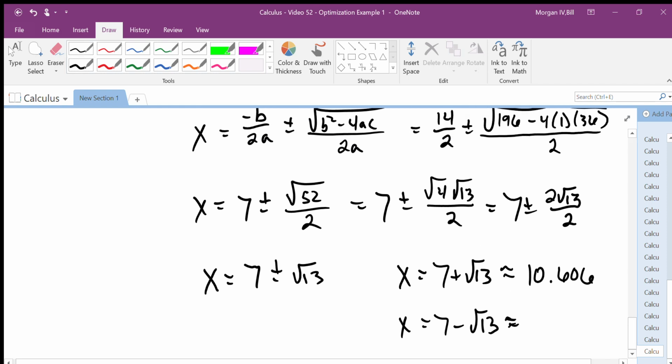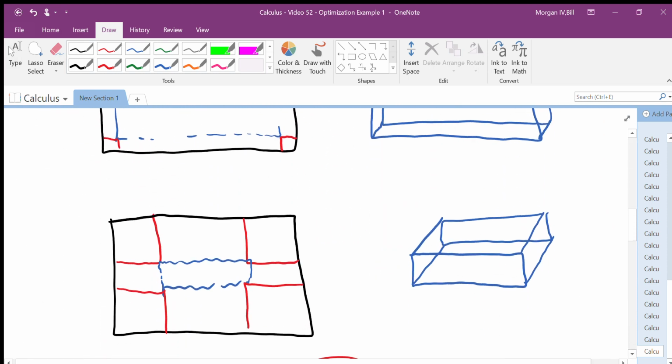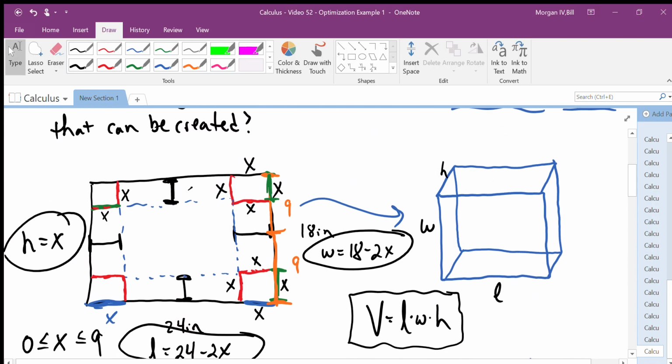Go back up to the top. If x is 10.606, that's bigger than 9, and then x on the bottom here, that's going to cross over. That's two x's there, 2 times 10.606 is more than 18.